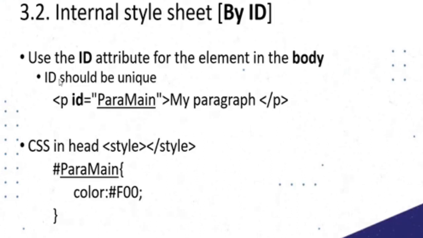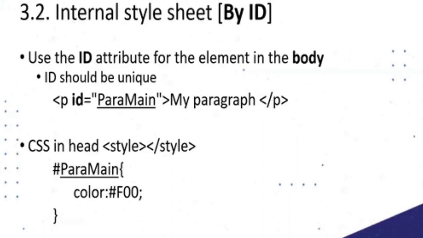But you have to remember, once you use an ID in one place, you cannot use it again. Let's say I have 3 paras and I need the same style, but I can't use ID because ID is unique. I can only use it once in my HTML page.